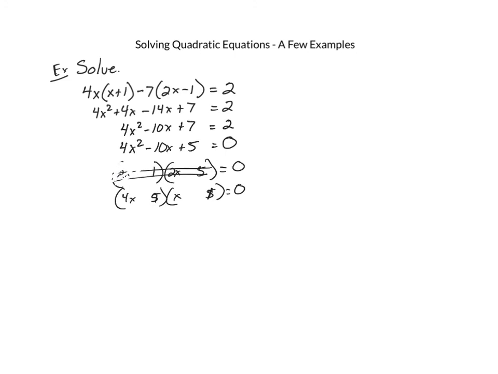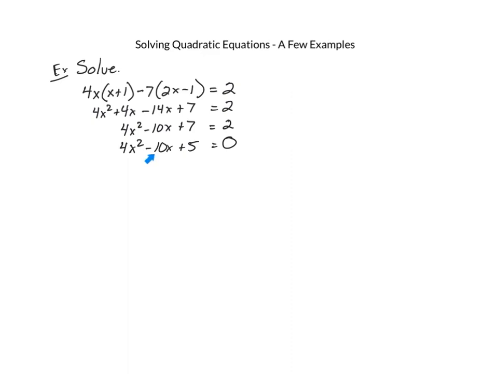So let me erase my factoring. But I don't consider that a waste of time. You get pretty proficient at factoring, and you can start to identify pretty quickly whether something is going to be factorable or not. So factoring didn't work.